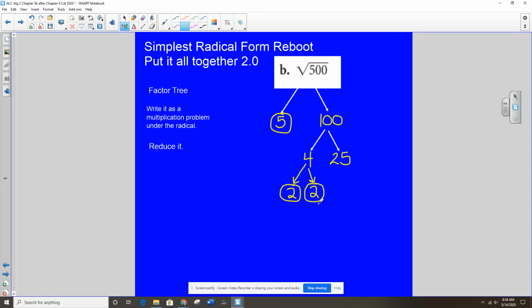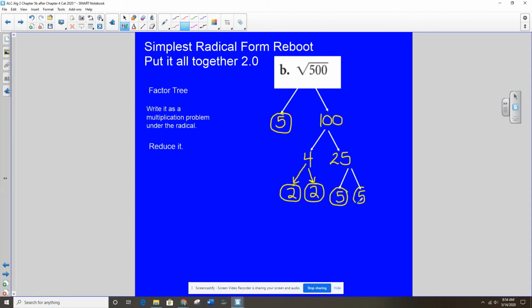All right, so we have the ends of our tree, our leaves here. Now we're going to go for 25. And how would you break down 25? All right, hopefully you said 5 times 5. And both of those are prime.